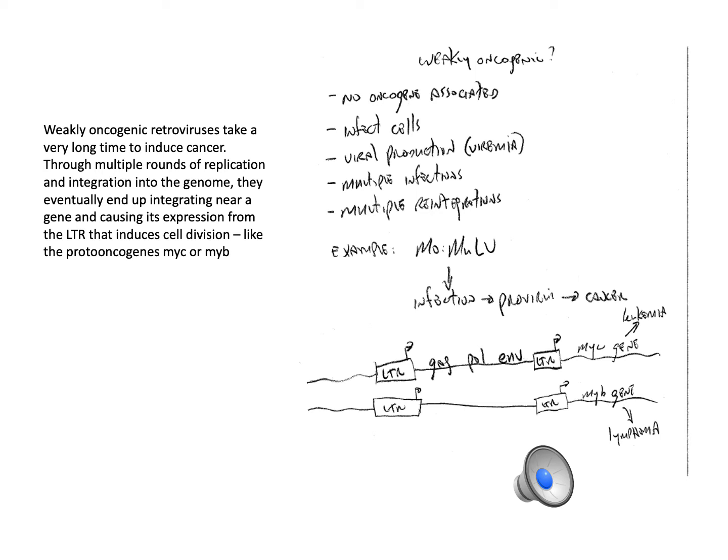There's many of these. And there is some evidence that there may be one very rare cancer, I believe it's called hairy cell leukemia, one very rare human cancer that may be due to a weakly oncogenic retrovirus. But all of these that I've talked about so far have been found in animal models: mice, rats, monkeys, birds.